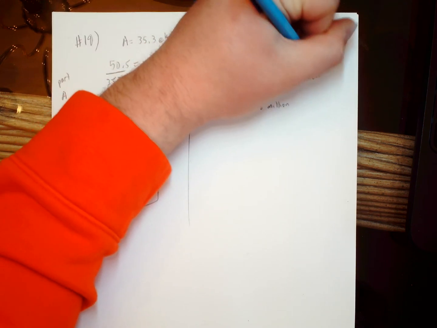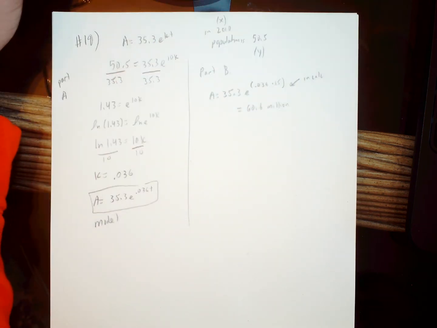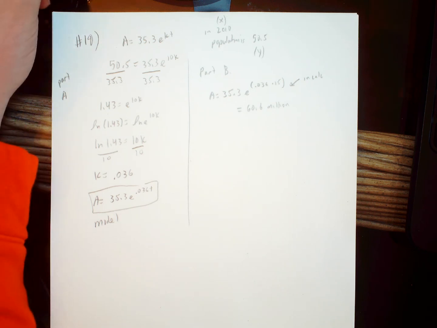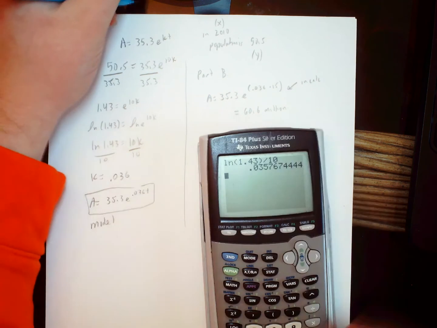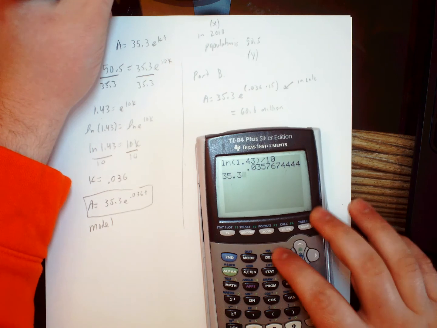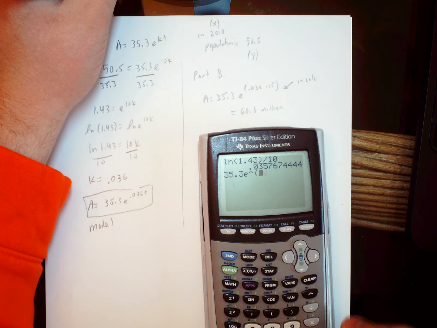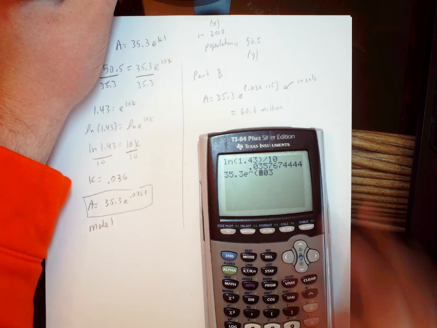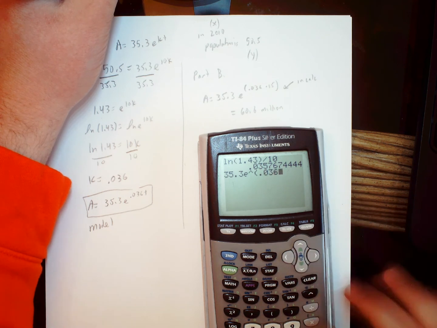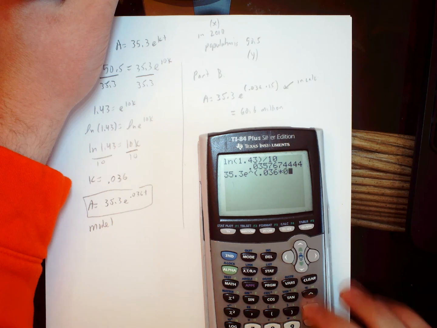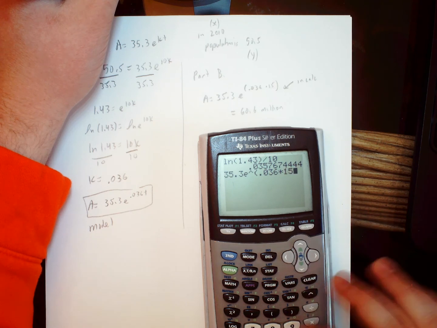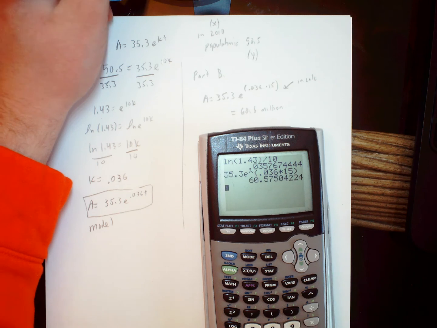You could put that right in the calculator: 35.3 e to the 0.036 times 15, about 60.6 million.